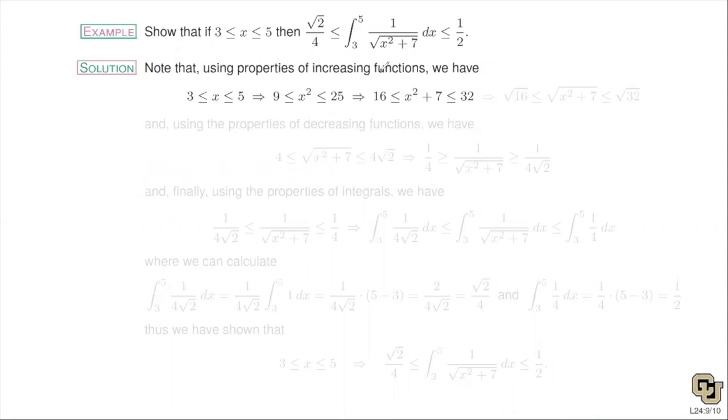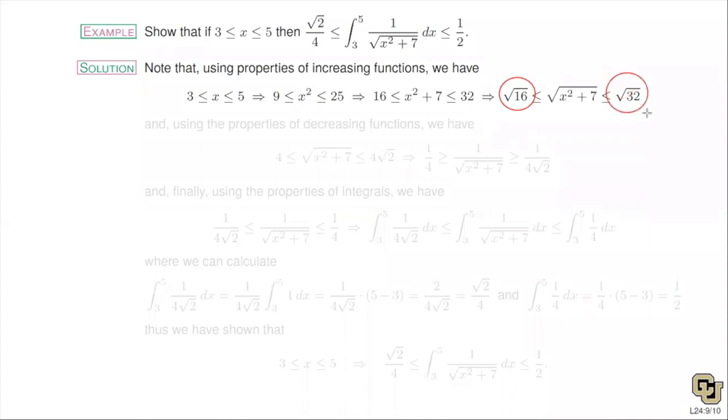Now I need the root. I'm missing the square root. So let me go ahead and take the square root of everything. And remember, the square root's an increasing function. So if a is less than b, then the square root of a is less than the square root of b. So I don't have to change the direction of the inequalities. And here now remember, the positive square root of 16 is 4.